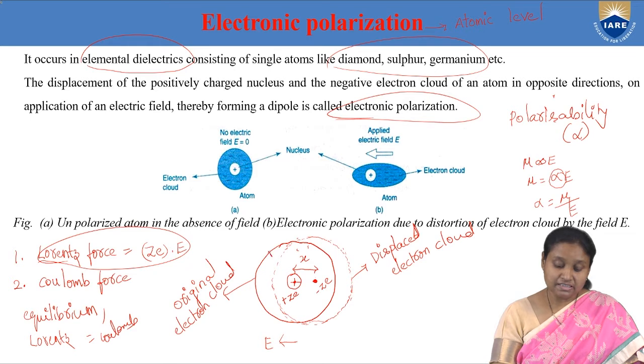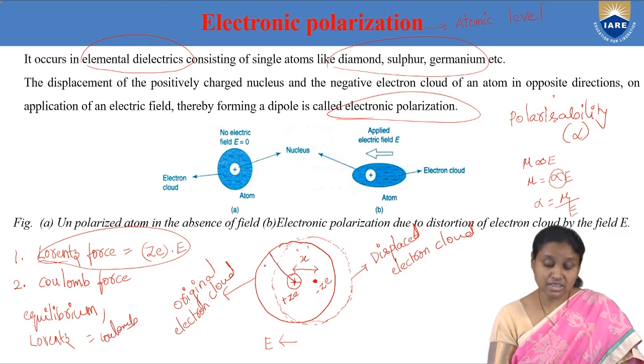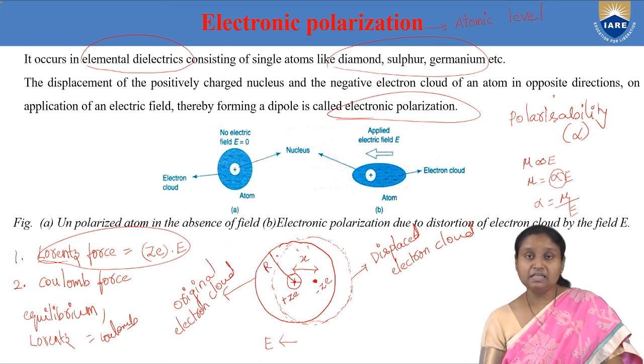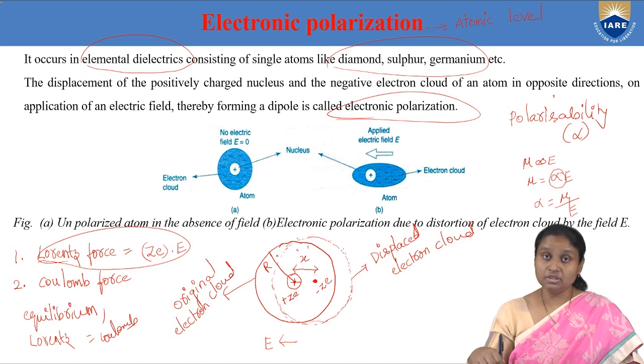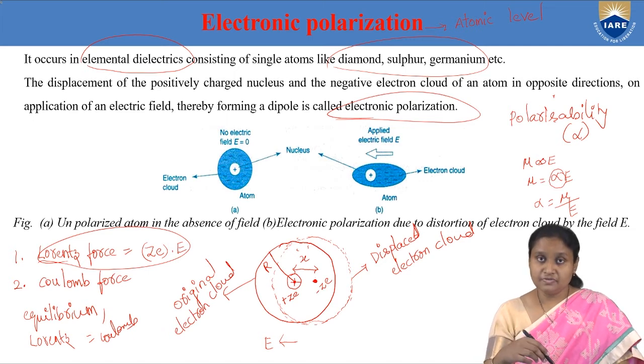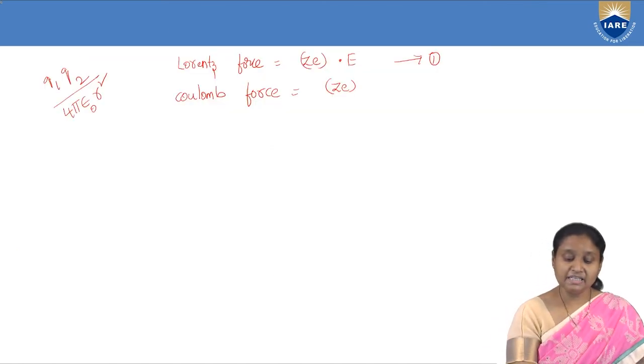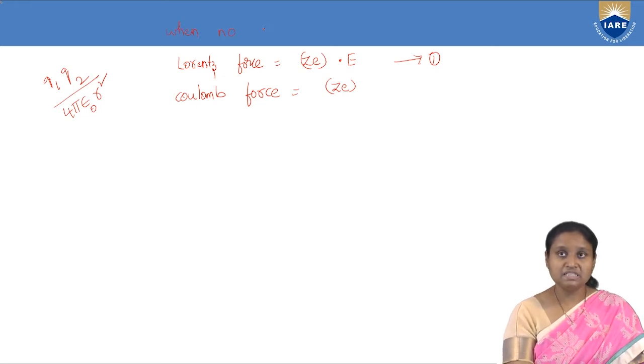Previously, when we are not applying an electric field, this electron cloud is in the shape of a sphere surrounding the nucleus, whose radius is R. So when no electric field is applied, what is the charge density of this spherical electron cloud?